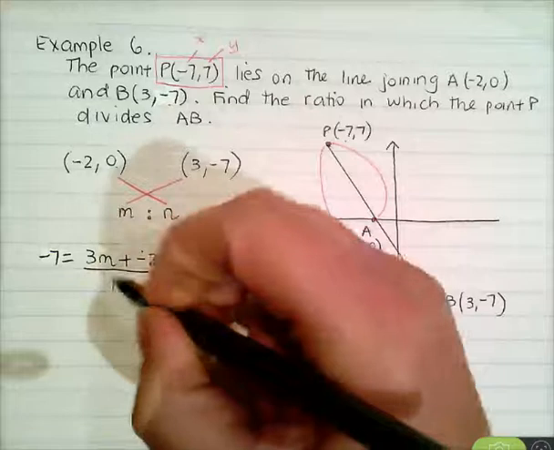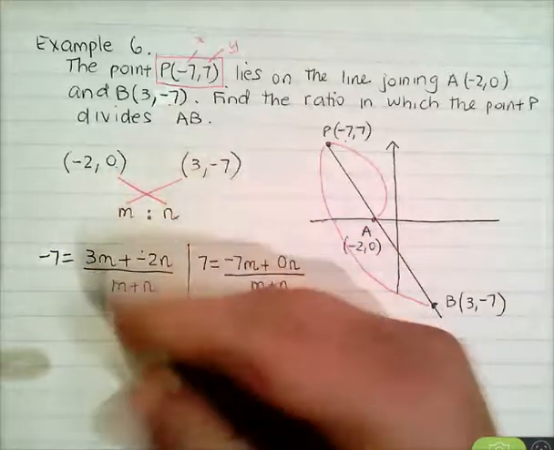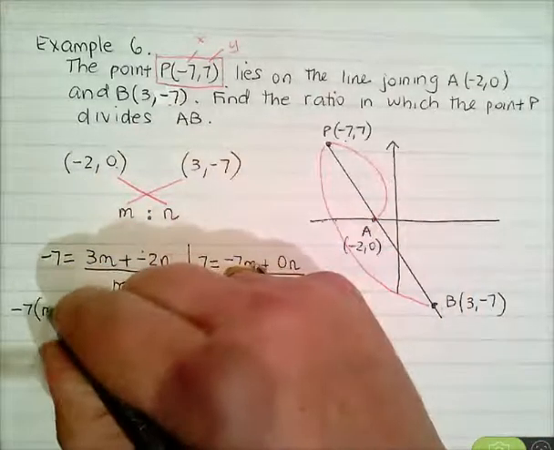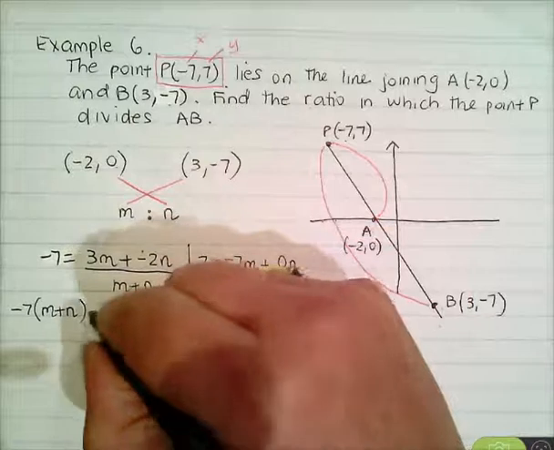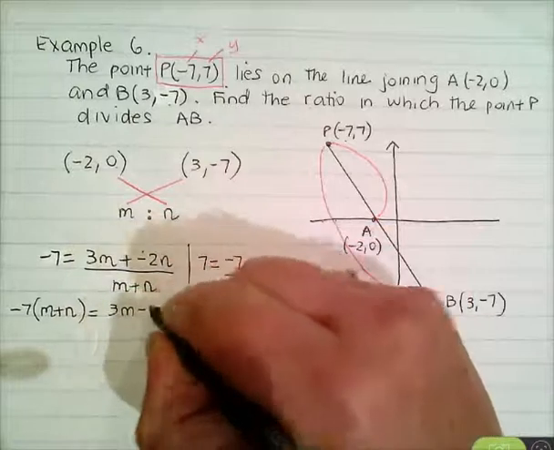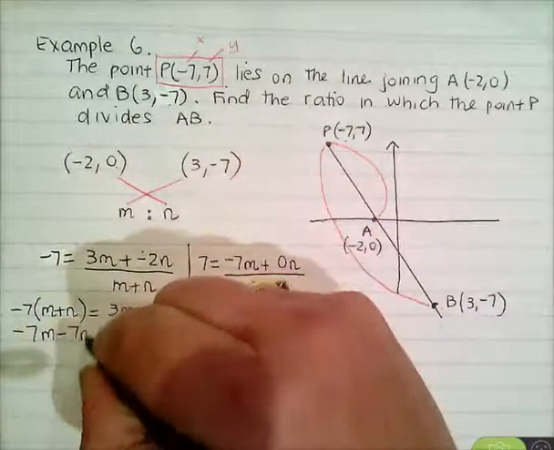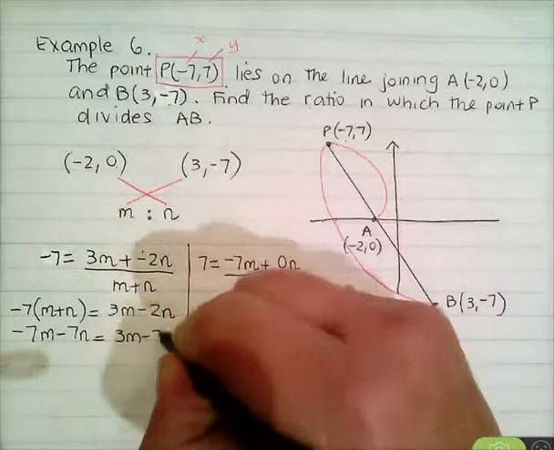Now I'm going to solve this. We're going to get rid of the denominator by multiplying both sides by m plus n. So -7 times m plus n equals 3m minus 2n. So I get -7m minus 7n equals 3m minus 2n.